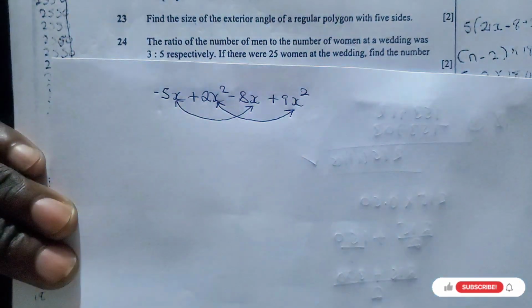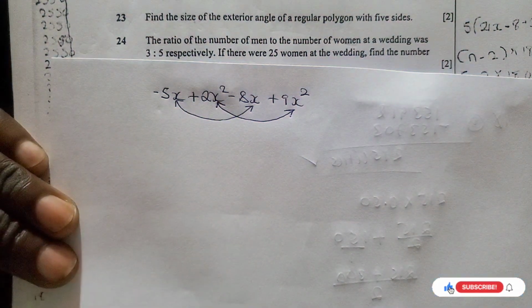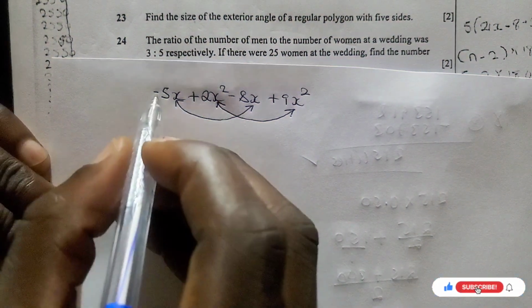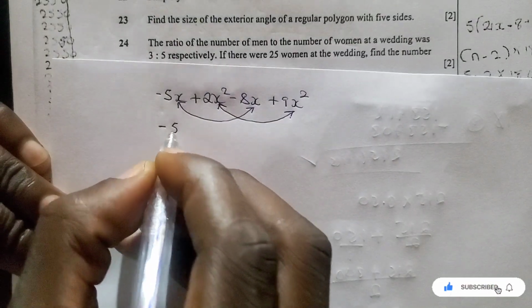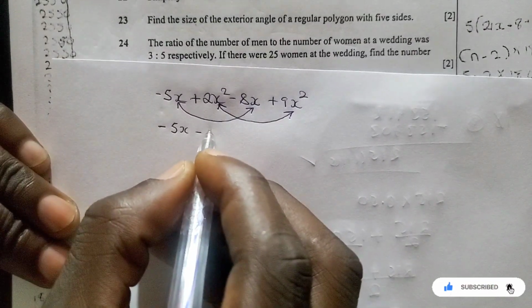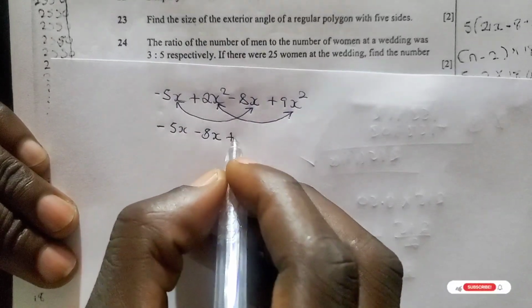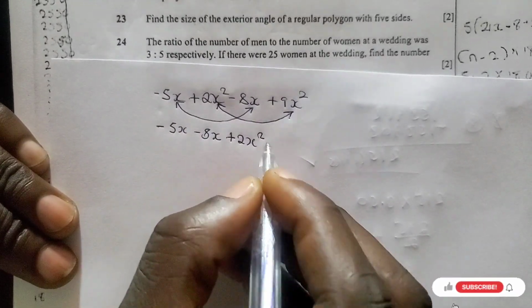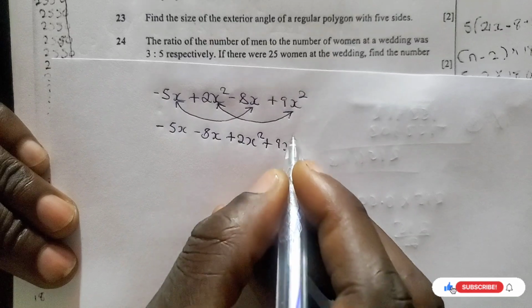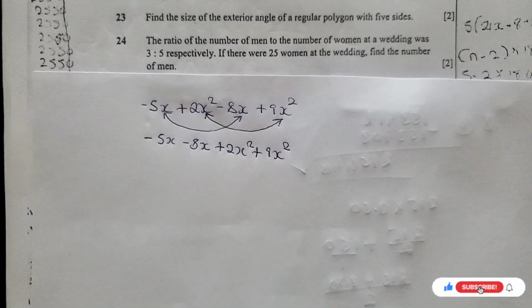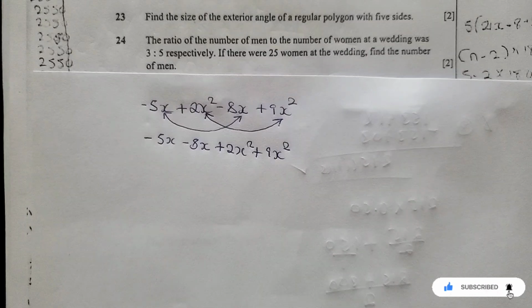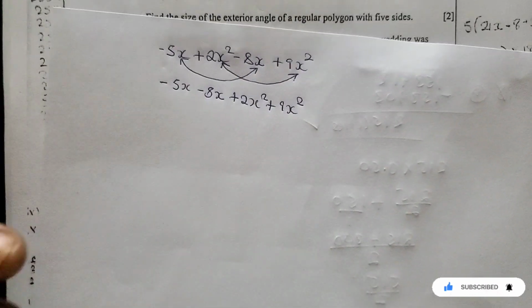So these are also like terms. So what we're going to do, we're going to group them. We're going to say negative 5x minus 8x plus 2x squared plus 9x squared. So someone may ask, why are the signs not changing here?